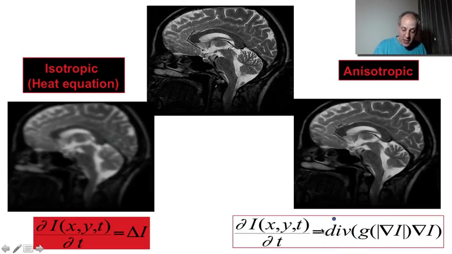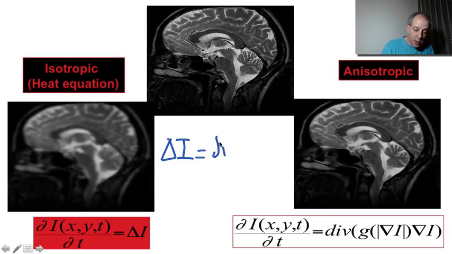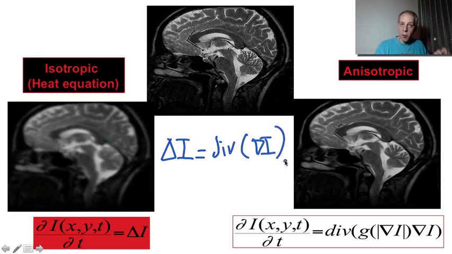Before we take the second derivative, which is the divergence, I have to remind you that the Laplacian of the image is the divergence of the gradient. And we already defined the gradient and the divergence in the previous slides. So before we take it as here, we introduce a function in between here.